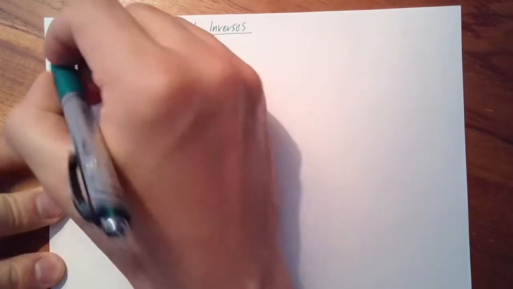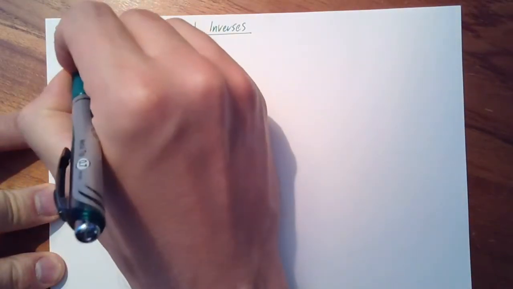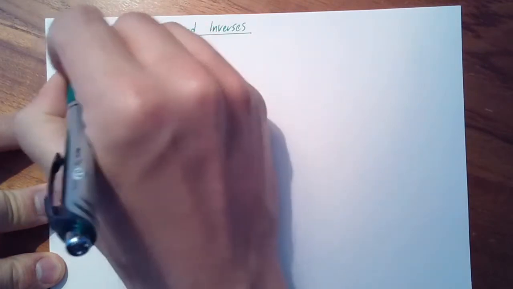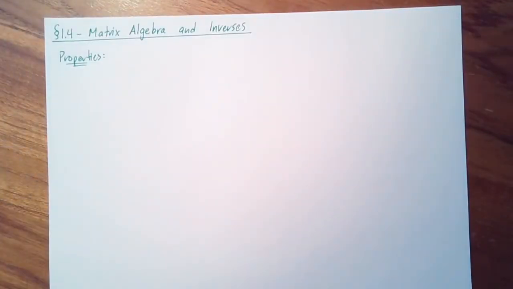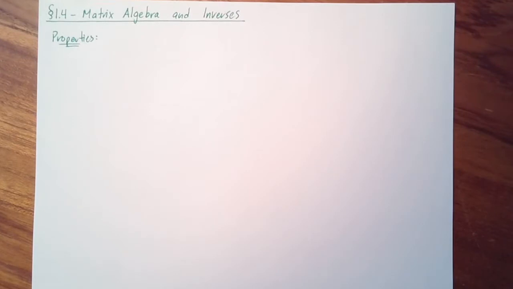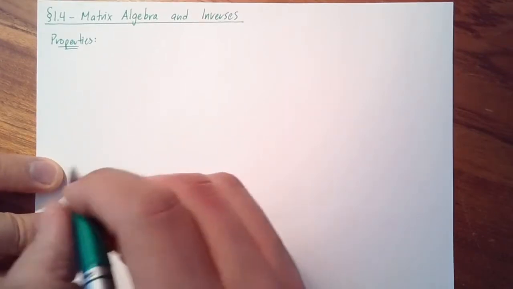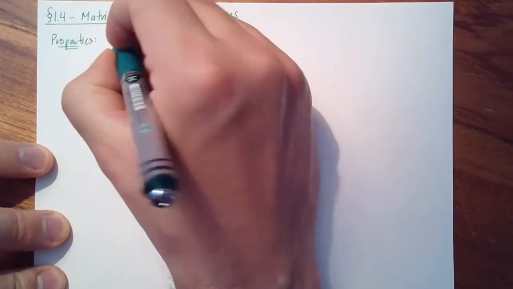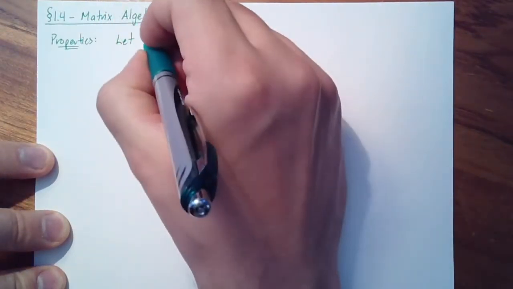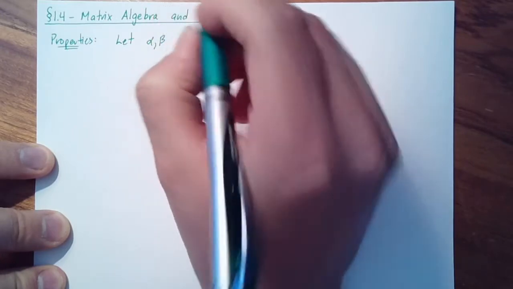We're going to start by looking at some properties of all the arithmetic operations that we have, and this is going to tell us how the operations interact with each other. Actually, let's start with some background first. We need to have some scalars. We can call them anything we like.